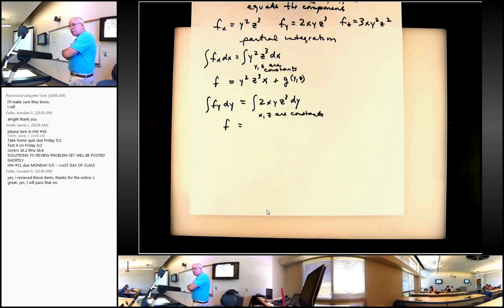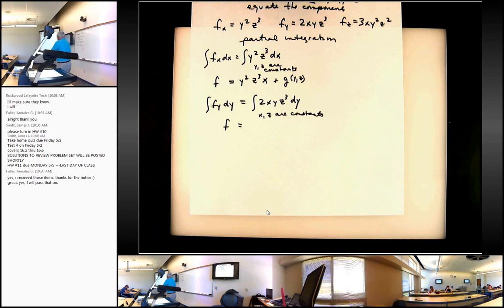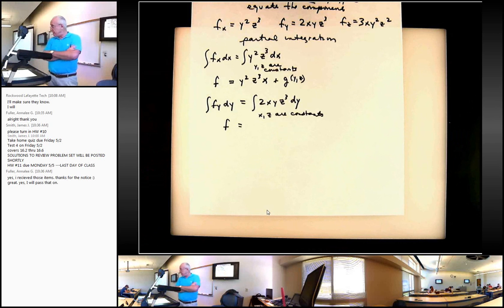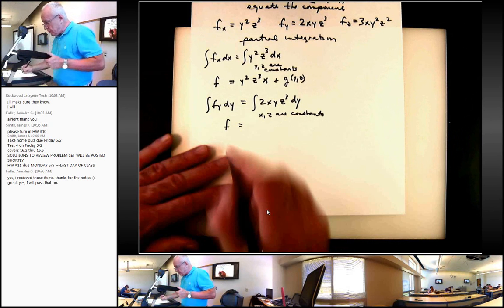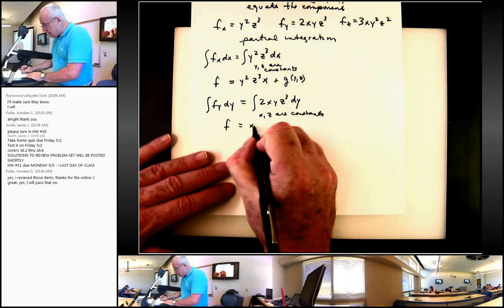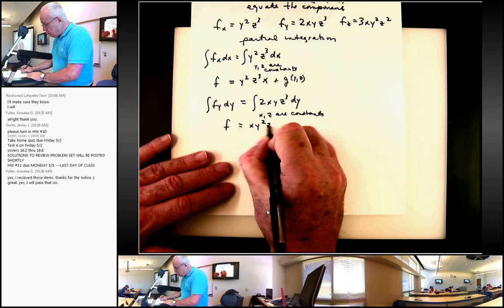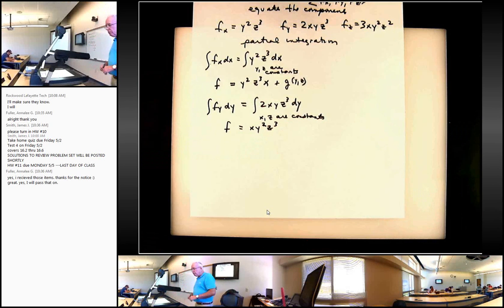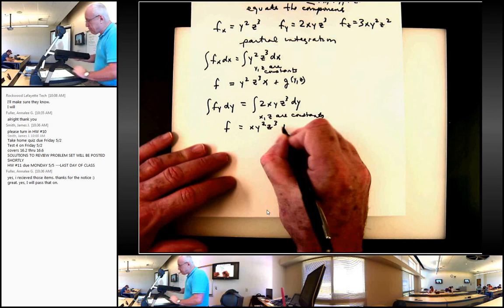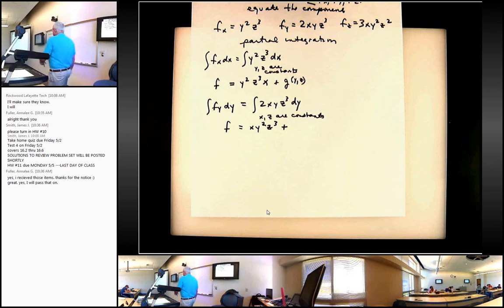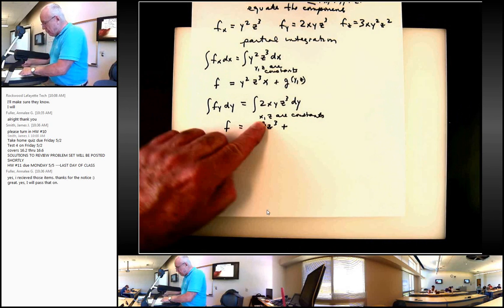Okay, so the only thing there that's a variable is the y, and I do its antiderivative, which is y squared over 2, and we're going to have the 2's cancel out. So this is going to end up being x, y squared, z to the third power. And then again, it's possible we could have another function tacked onto it that consists strictly of our constants.